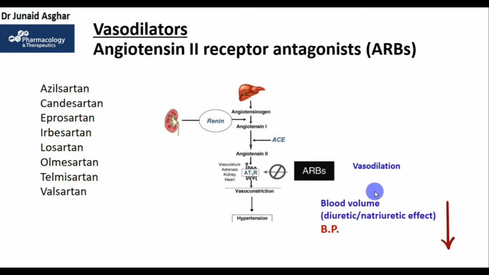They also promote the renal excretion of sodium and water, which is called diuresis and natriuresis, just like ACE inhibitors. Now, these drugs do not induce cough because that effect is associated with the inhibition of ACE.